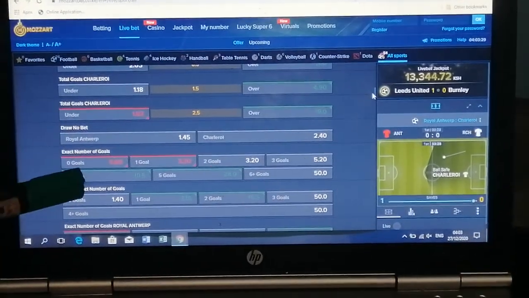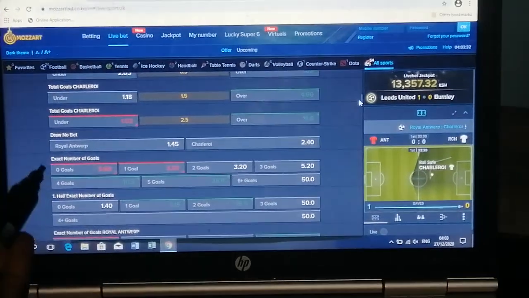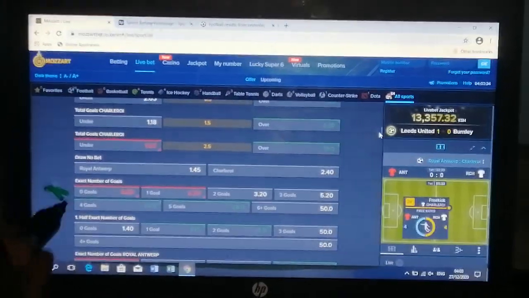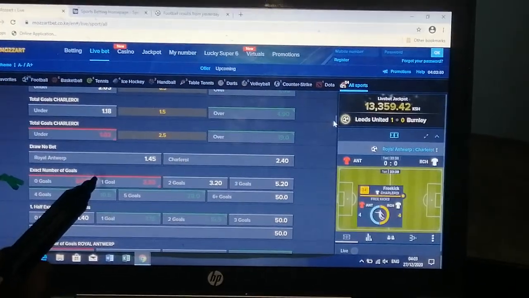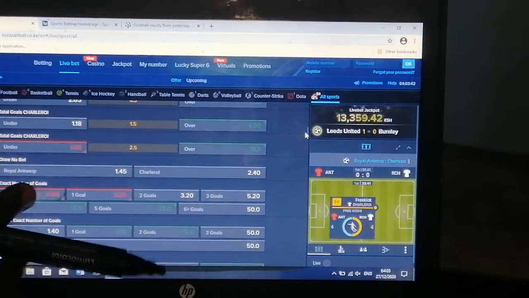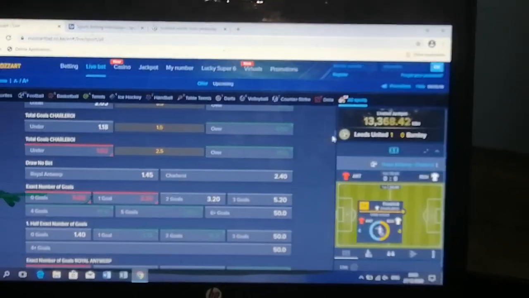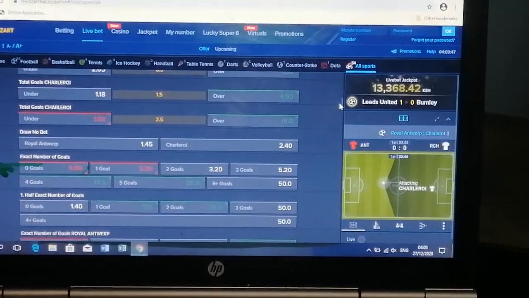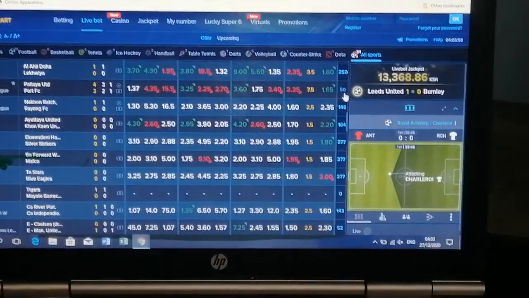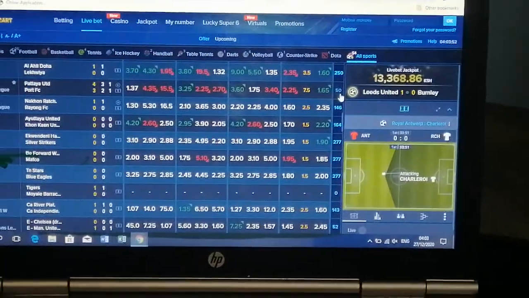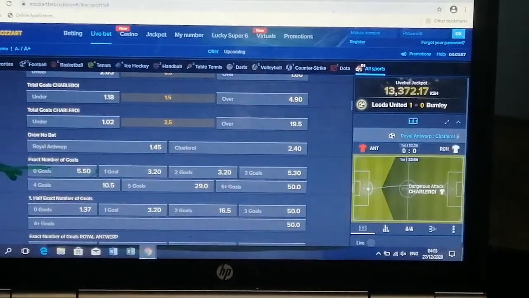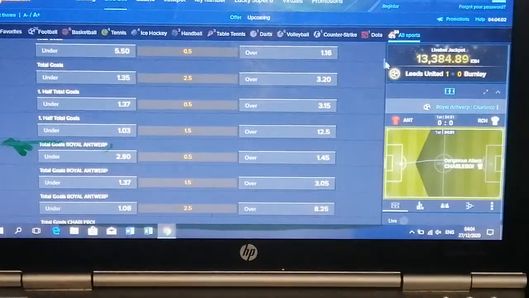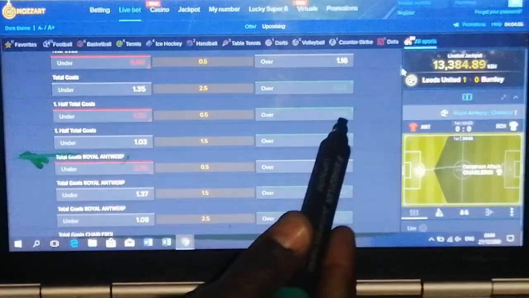So in this case, the exact number of goals, as at the time you're placing the bet, is at 5.6. Whereas the over 0.5 first half, because no goal has been scored, is at 3.